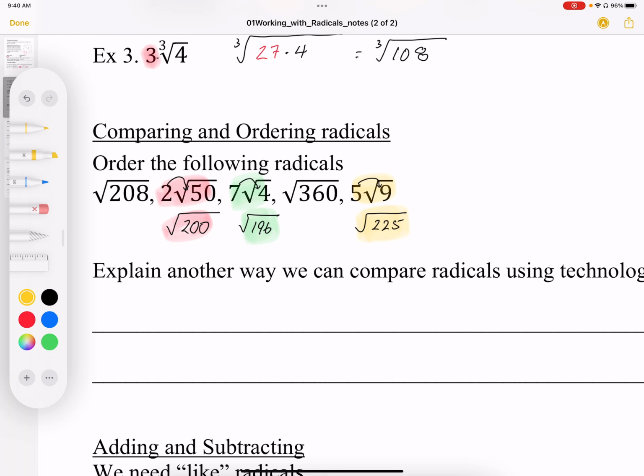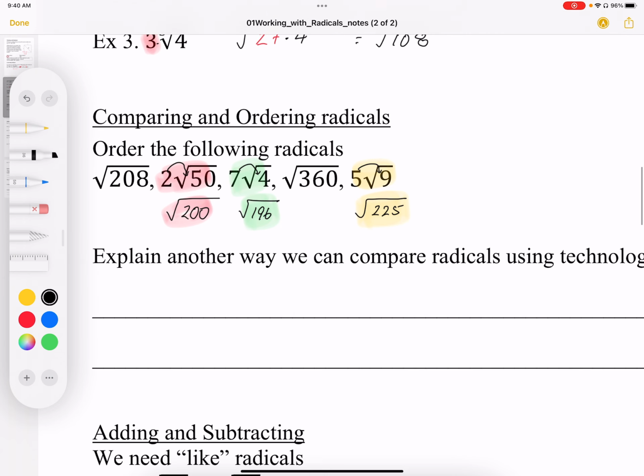So the smallest square is going to be 196. So our smallest radical then is going to be 7 root 4. The next smallest square is 200.